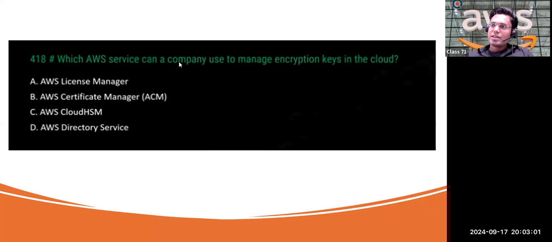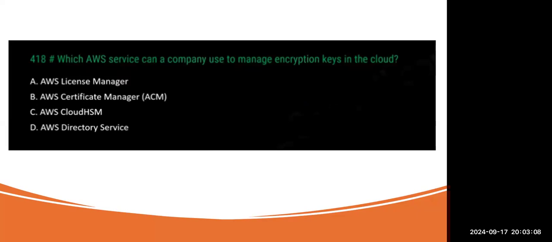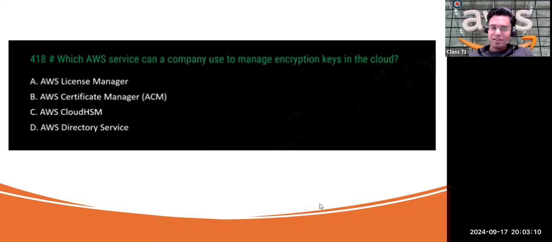Which AWS service can a company use to manage encryption keys in the cloud? We just started today's session, and we just learned this one, encryption keys. Let me explain. That's a security topic.